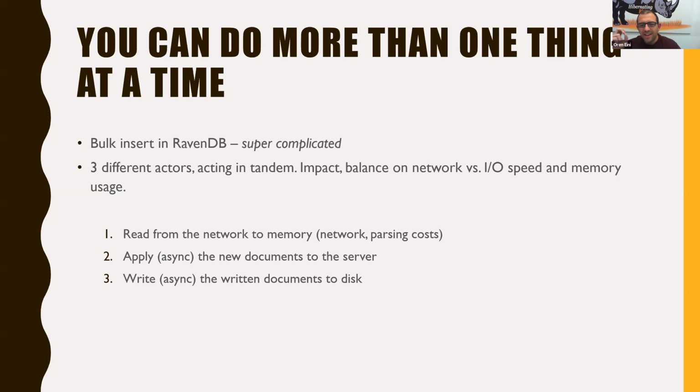So in order to handle that, I have two parallel processes on each one of these actors. First, you read from the network, and then you send it to the next one, and you keep going from reading from the network until we tell you you're done. And same thing in here as well.